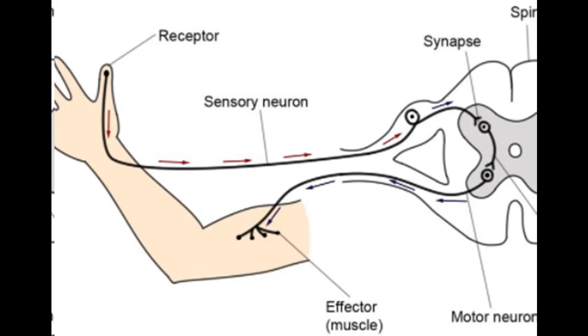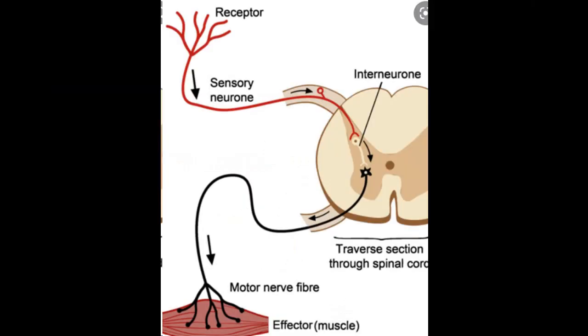Because a motor activity is the result of this motor impulse, you call this a motor nerve, and this limb is called the motor limb, otherwise called the efferent limb.